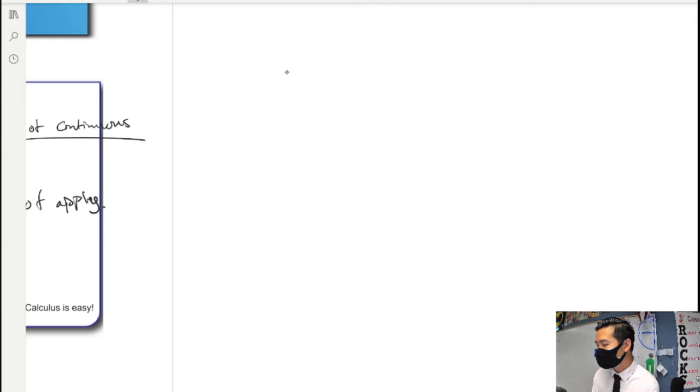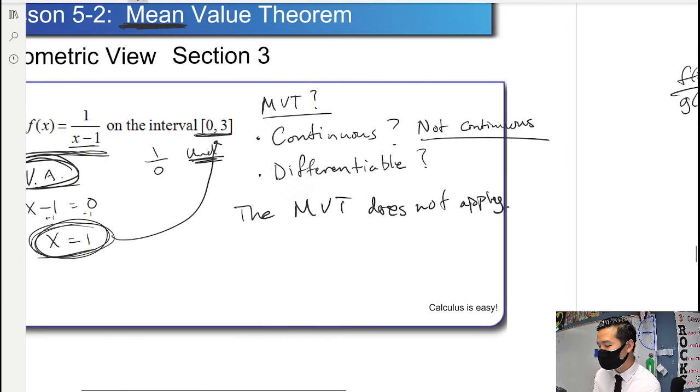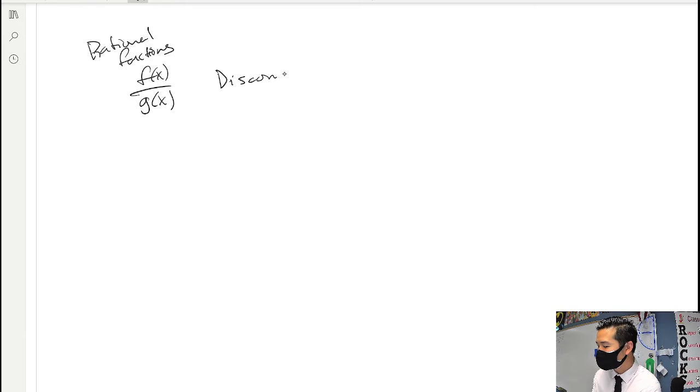If you have a function on top of another function, in this case 1 over x minus 1, and you're looking to see if it's continuous or not, usually discontinuities for rational functions occur when the denominator is equal to 0, right?